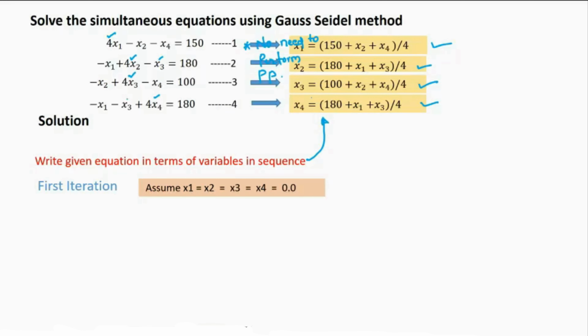We have written them in sequence: first equation in terms of x1, second in terms of x2, third in terms of x3, and fourth in terms of x4. And then we have to start with iterations. This is the first iteration.